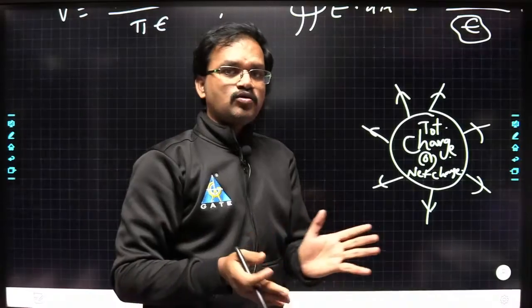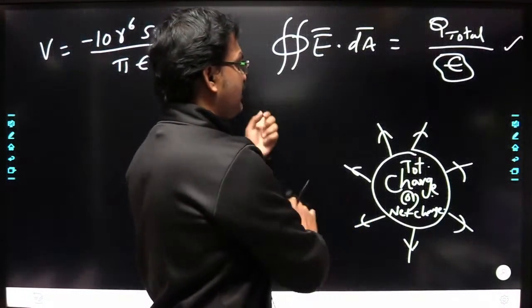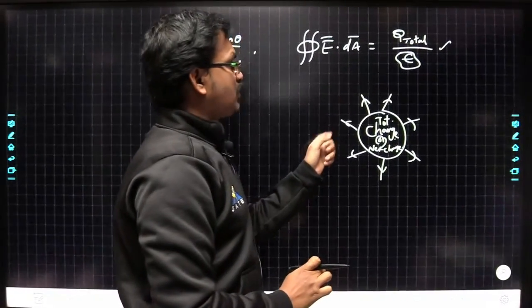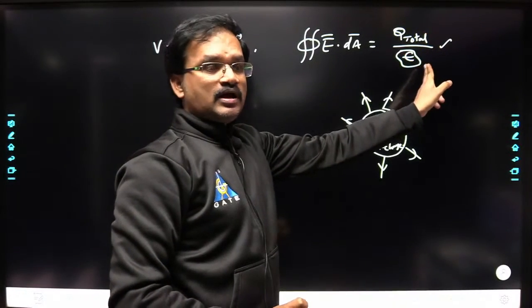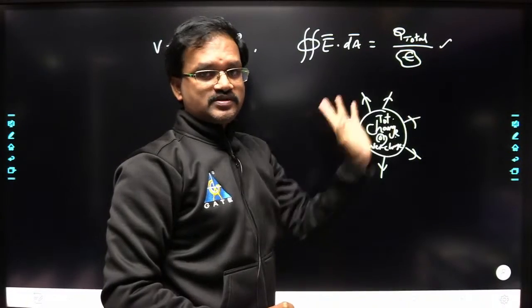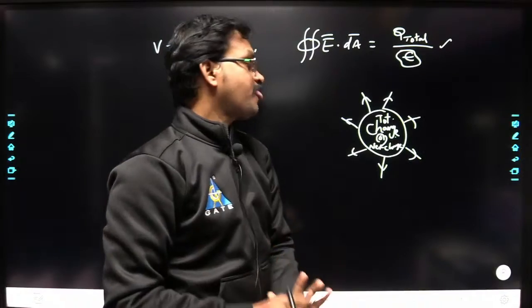Understood? It is not going to be the same. So the number of electric field lines that are leaving any closed surface, that is called electric flux, depends upon the total charge, and also upon the medium in which that charge is present. So on these two parameters it is going to depend.